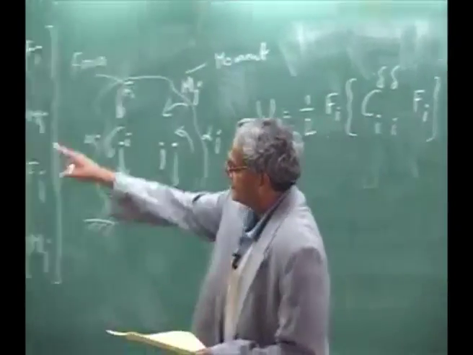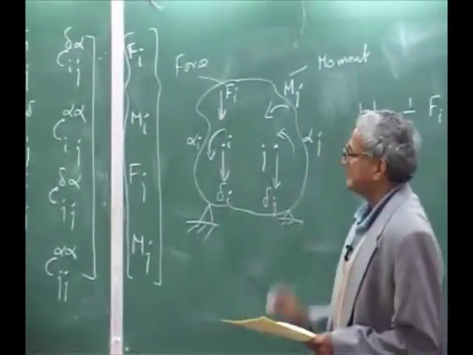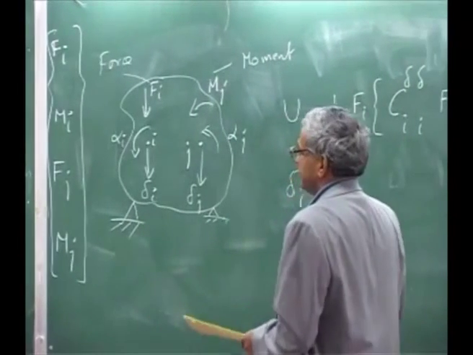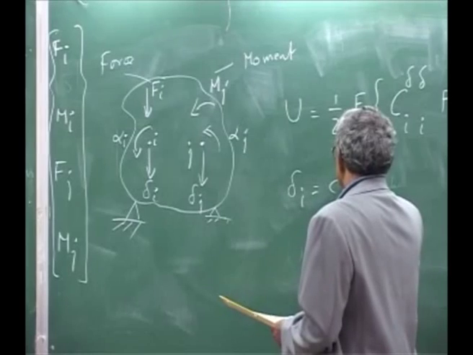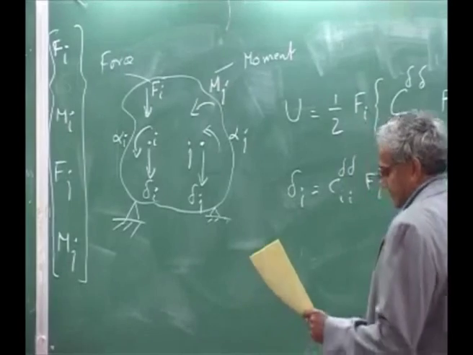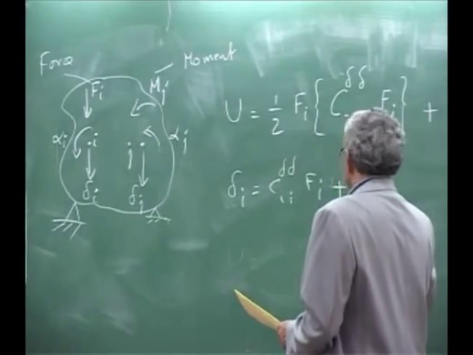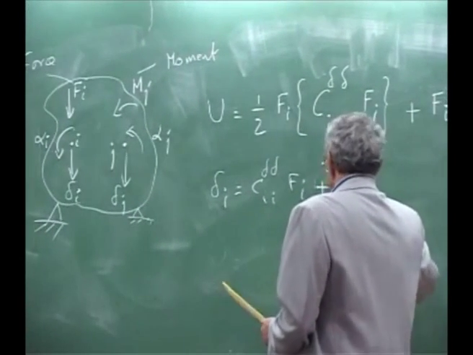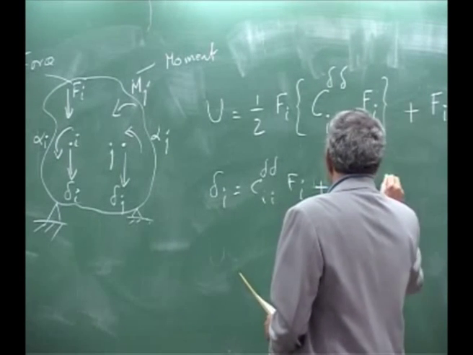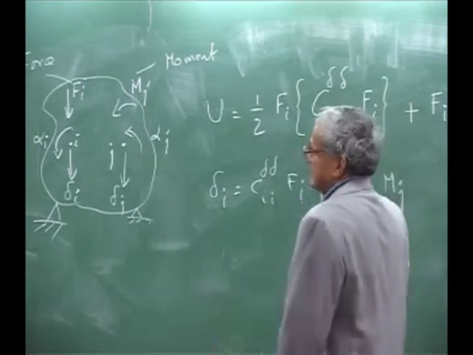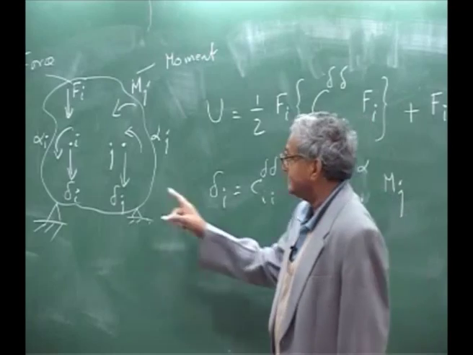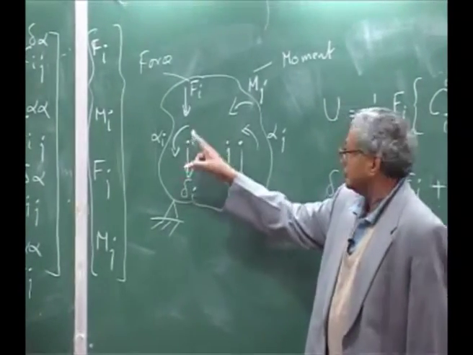Now using this, if you have only these two loads, your delta I is Cii delta delta Fi plus Cij delta alpha Mj, because this is the total deflection at point I due to both the loads.